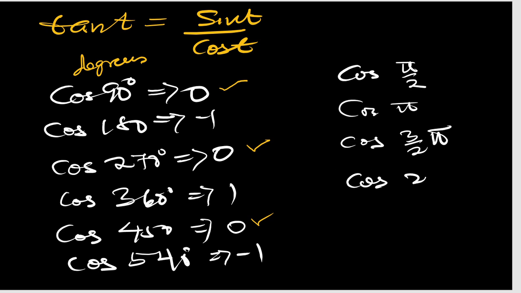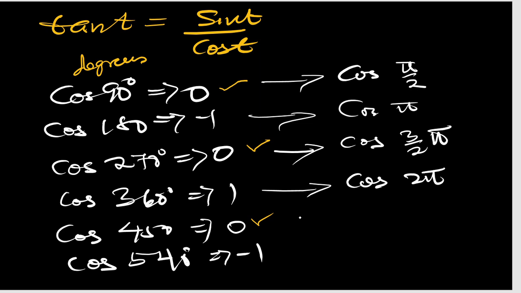So this is for 360, this is for 270, this is for 180, and this is for 90 degrees. Remember, 180 degrees is pi radian. So you can use that relation to do the conversion.